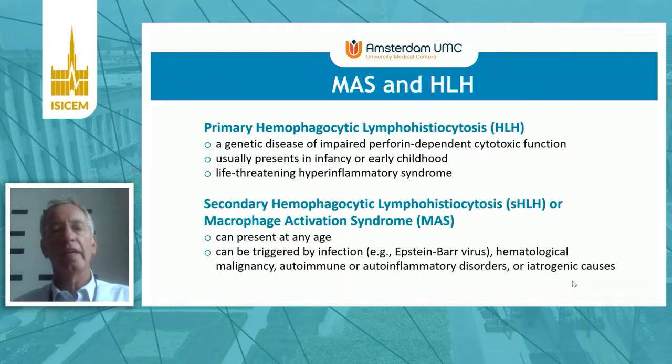There's also a secondary form of this syndrome, which has been named also macrophage activation syndrome, or MAS, which can present at any age, including in adults, and which can be triggered by a variety of medical conditions, including infection, and in particular viral infections, hematological malignancies, and autoimmune and autoinflammatory disorders.